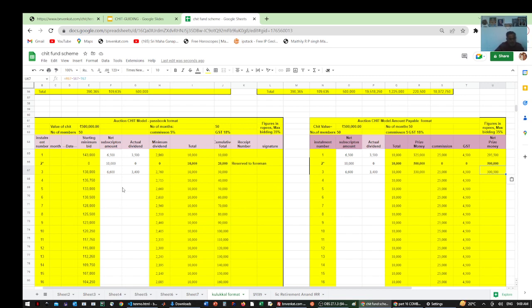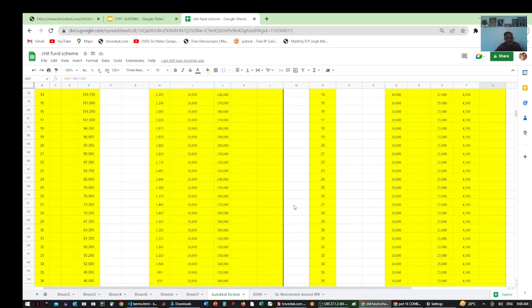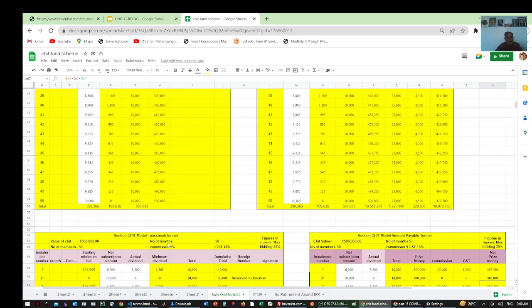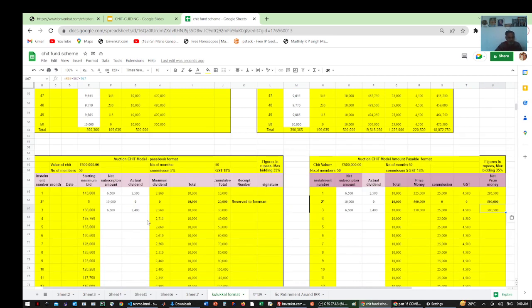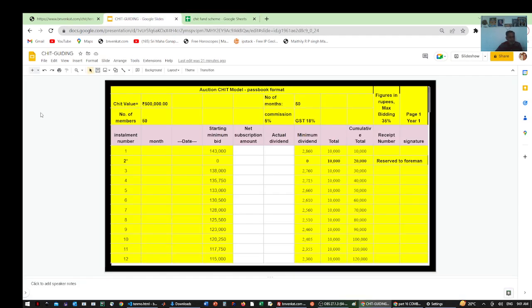It will be continued. Now, this is a master chart to be kept with the foreman, and an individual chart can be like this, page wise. For the first year, one page, second year, another page, and so on.